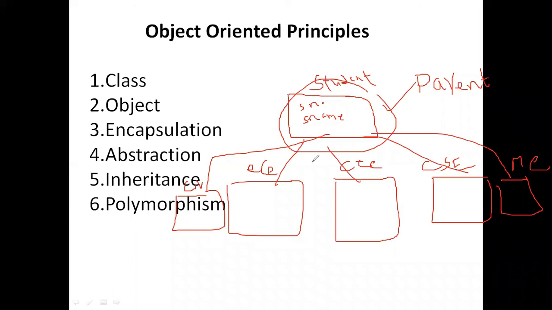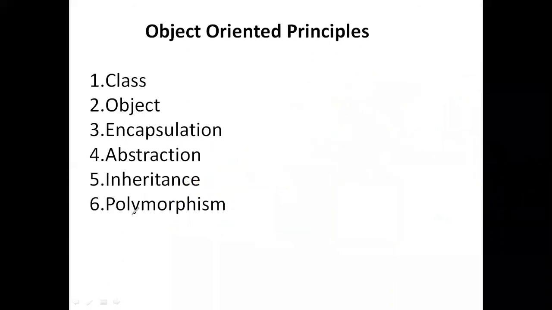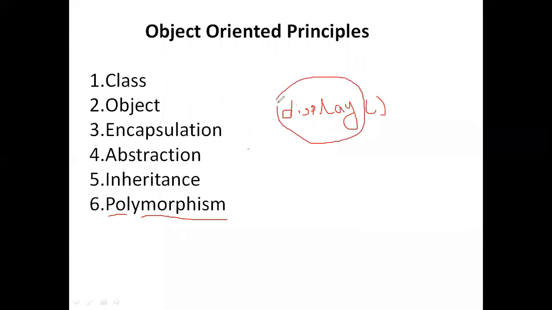The next one, polymorphism. Poly means many, morphism means forms, so polymorphism means many forms. The many forms is nothing but I define a function using a function name, display. If I use the same function name one more time, or more than one time, in a program, that concept we call polymorphism.